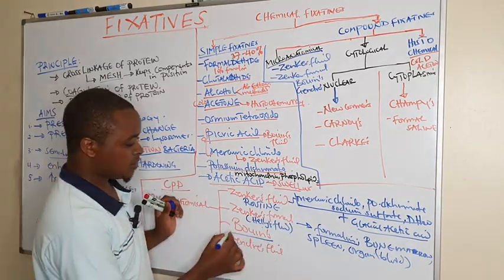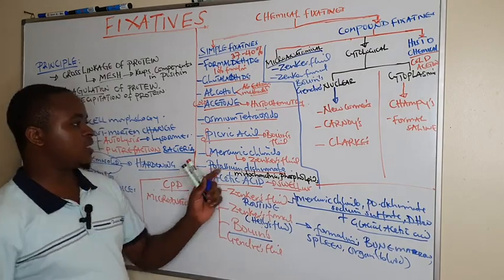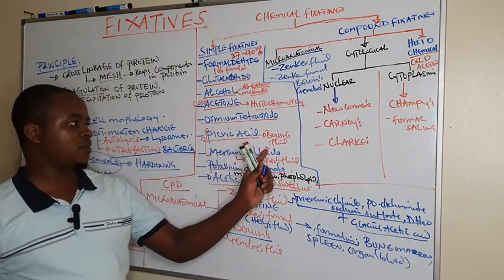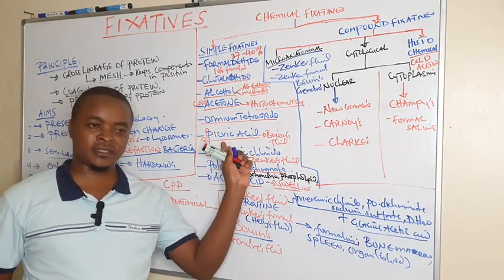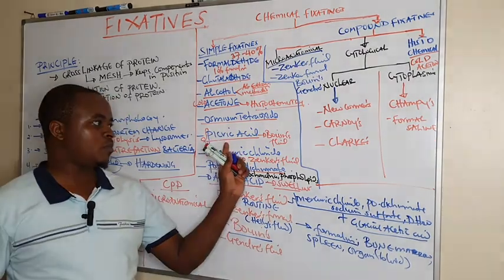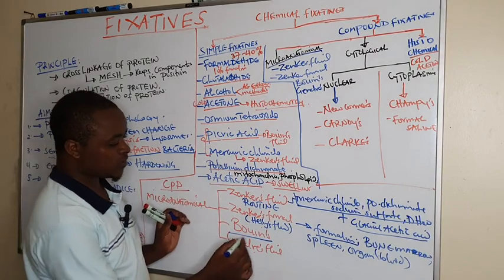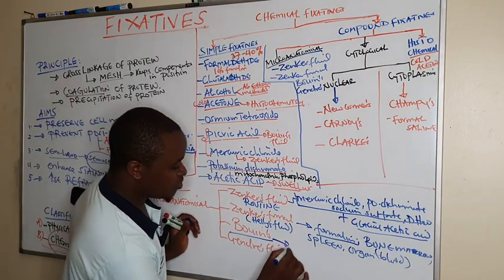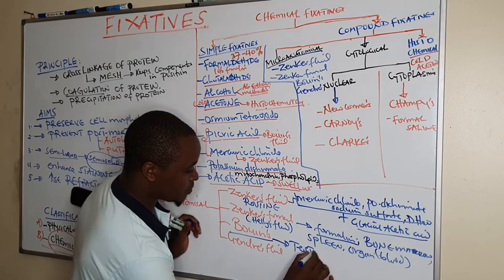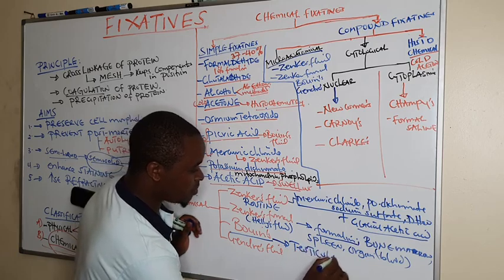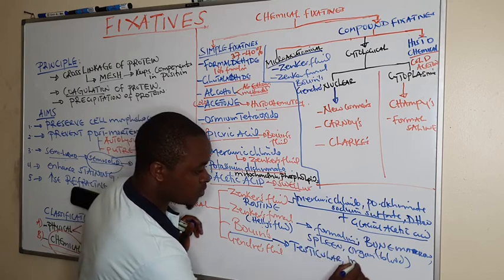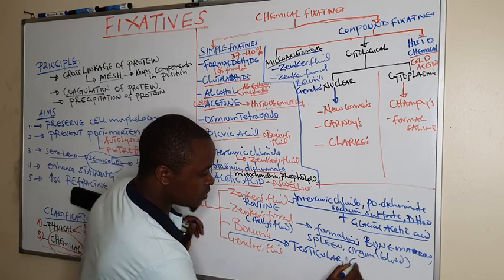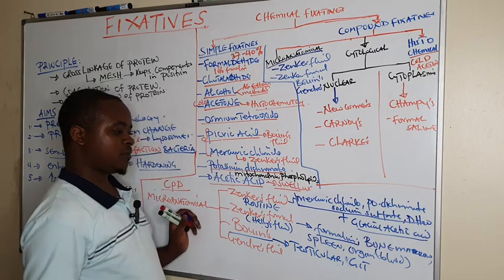Then Bouin's fluid contains picric acid plus alcohol. This Bouin's fluid is good for testicular samples and intestinal or GIT biopsies.